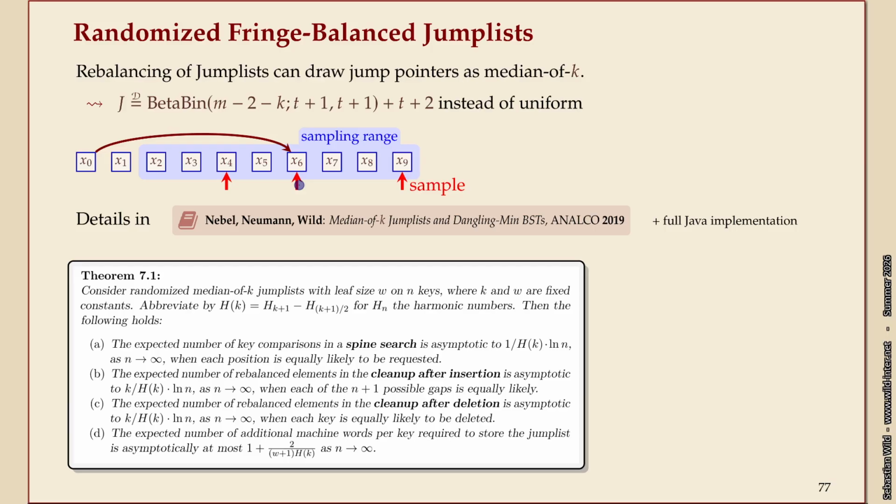This you can do. I've spent some time on doing this, including some full implementation and a precise analysis of how much you win from the slightly more balanced search trees. You essentially get these better constants depending on your analysis from median of k quicksort.